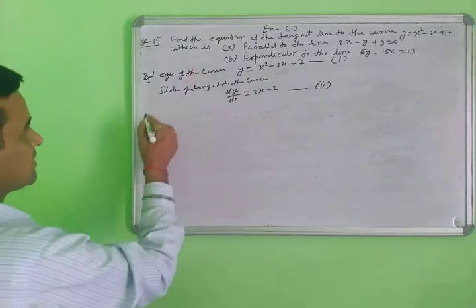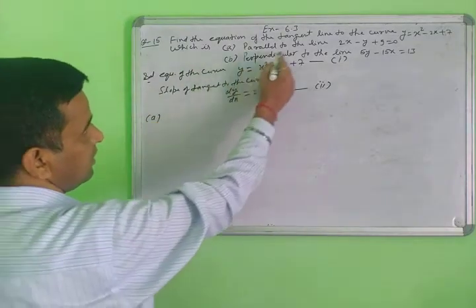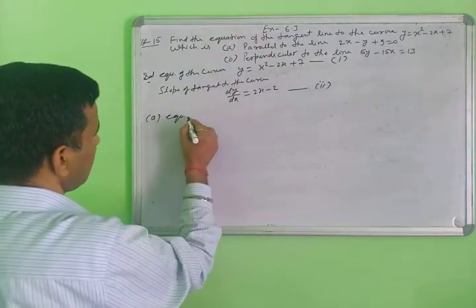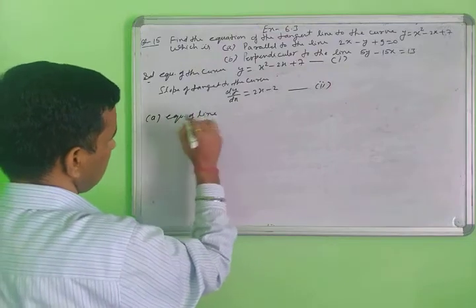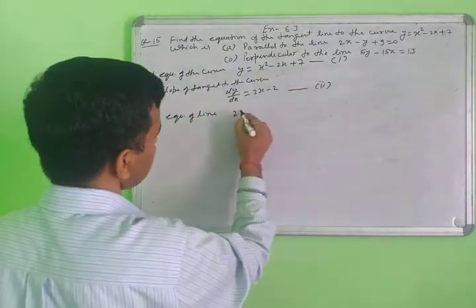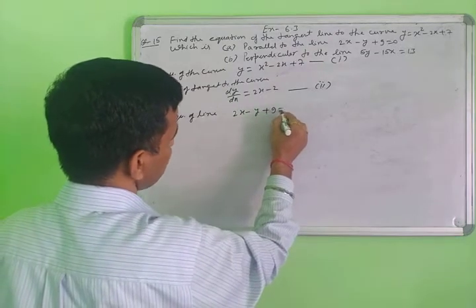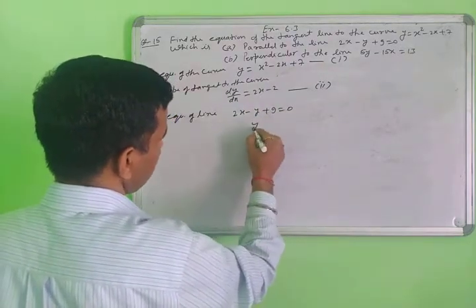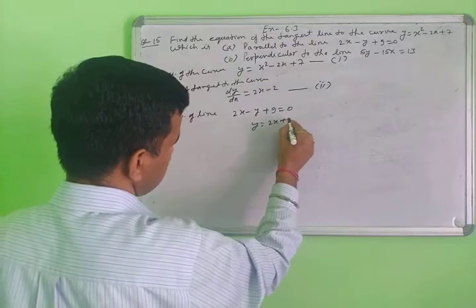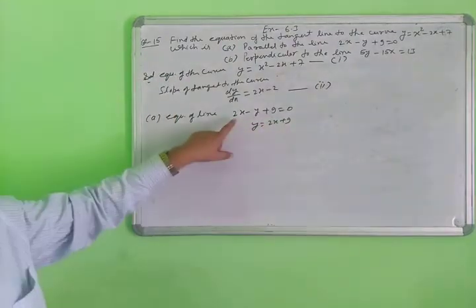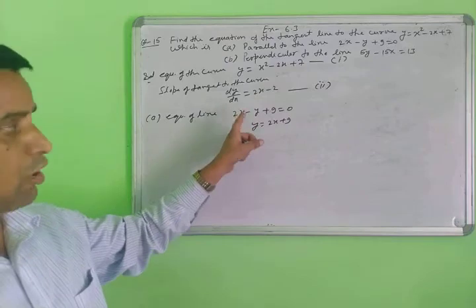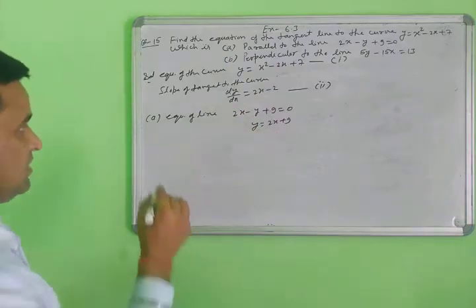Next I am taking part first, the equation of the line. What is the equation of the line here? 2x minus y plus 9 equal 0. So y equal 2x plus 9. I am writing this equation in the form y equal mx plus c.